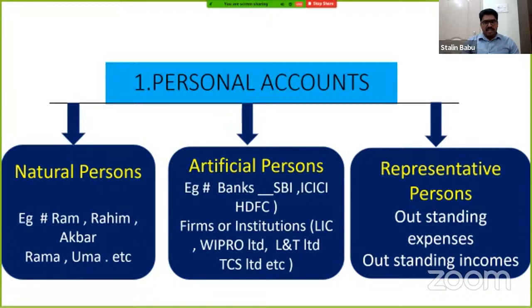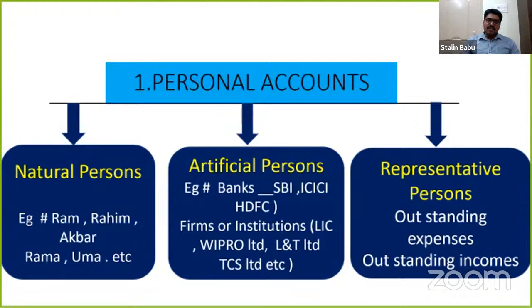What is meant by outstanding expenses? It is nothing but the expenses payable. Outstanding incomes means the income receivable. So the personal account is classified into natural person, artificial person, and representative persons.